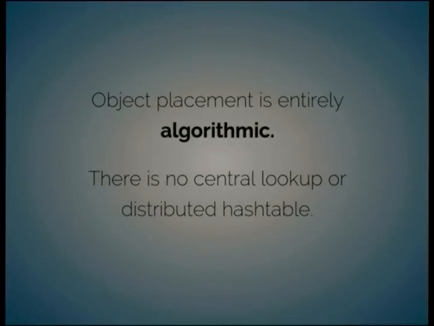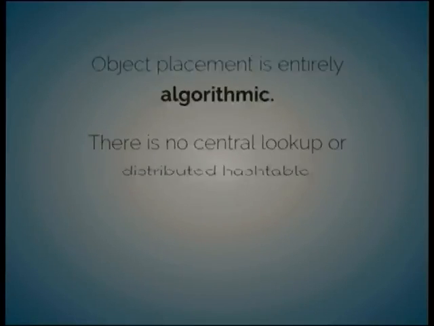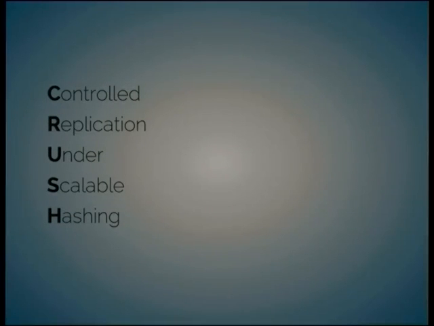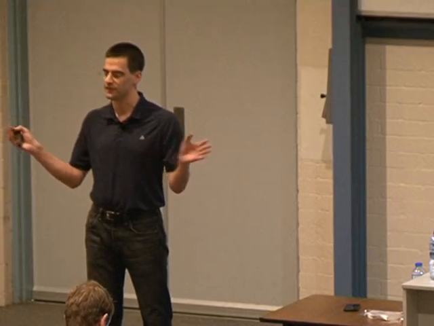The interesting thing is that the entire object placement is completely algorithmic. So, there is no central lookup instance, like, for example, a metadata server in Lustre would be. There is also not a distributed hash table, as we have, for example, in GlusterFS. It uses an algorithm called CRUSH, Controlled Replication Under Scalable Hashing, and we can use this algorithm to define in a very, very flexible manner our replication and balancing topology in the cluster.